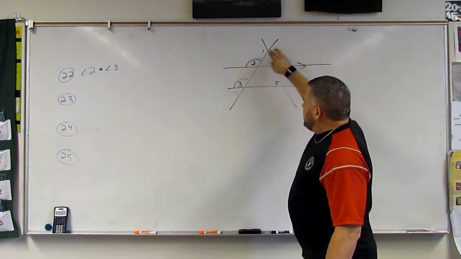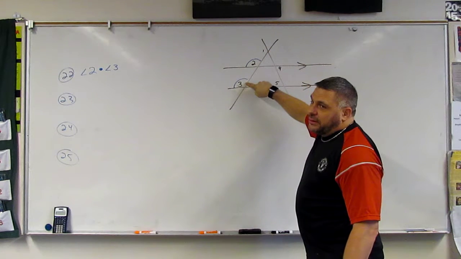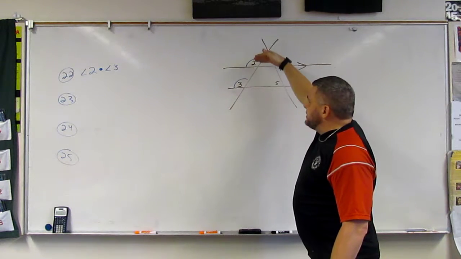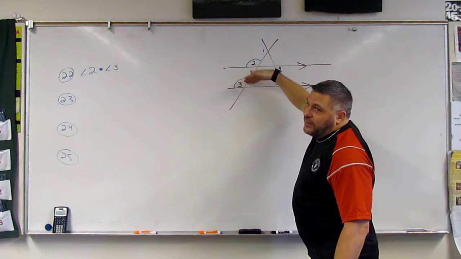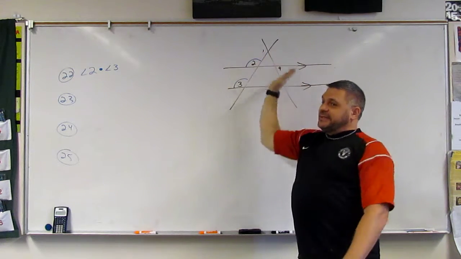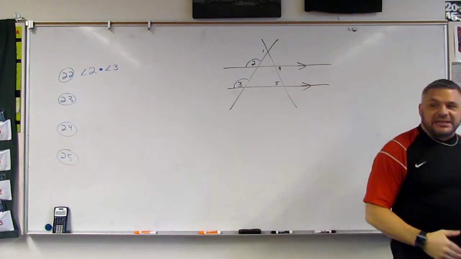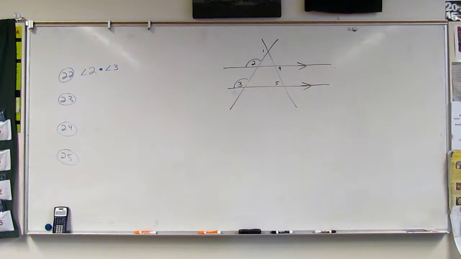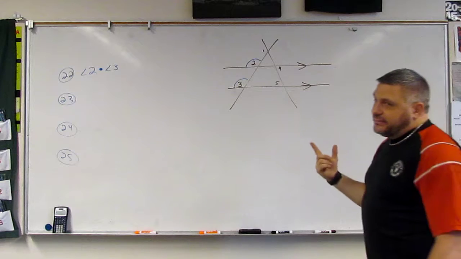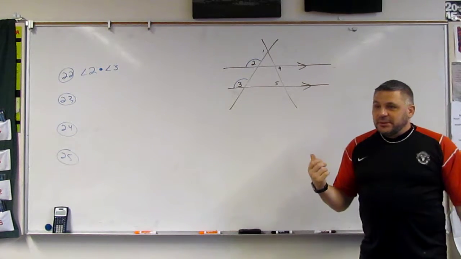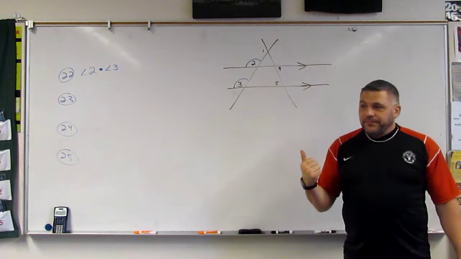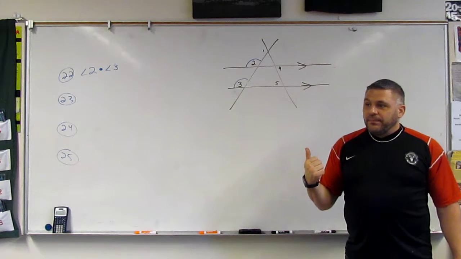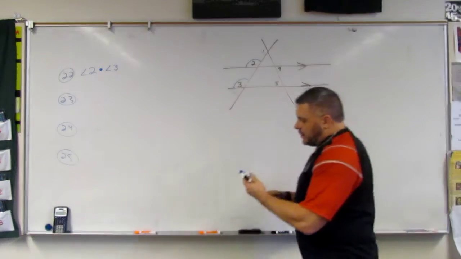Numbers 2 and 3. One's on the inside. One's on the outside, and they're on the same side. You remember what that's called? No. One's on the ends. They're not adjacent, right? They're not touching. Right? Inside to what?